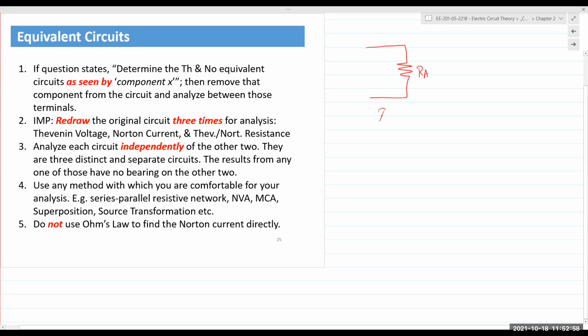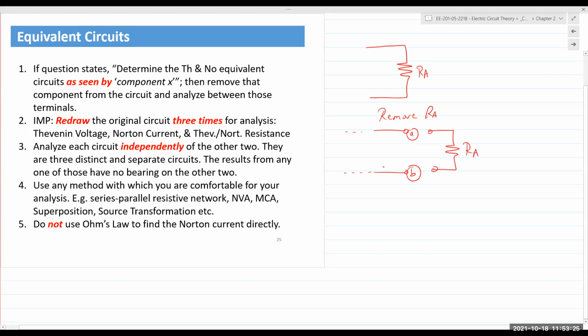So you remove it, and you're left with open terminals. And the rest of the circuit is here, of course. You analyze the circuit between those open terminals and determine everything that you need to.